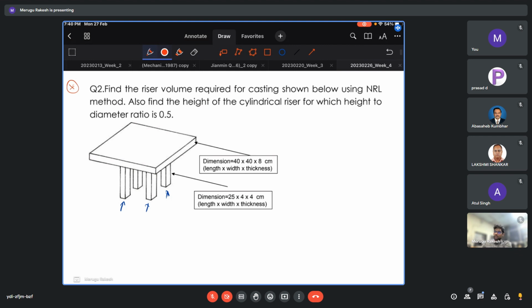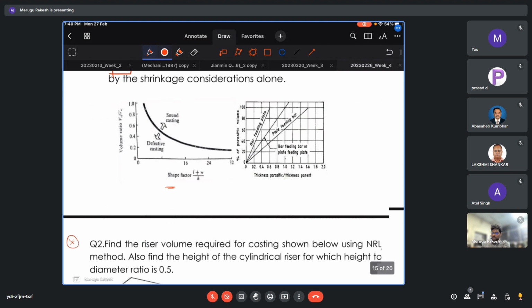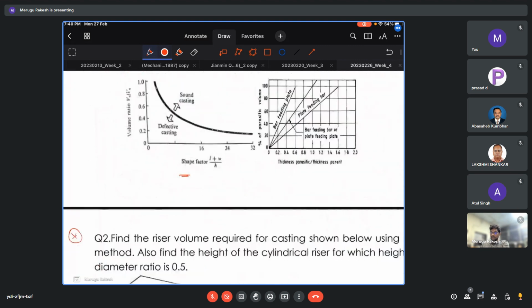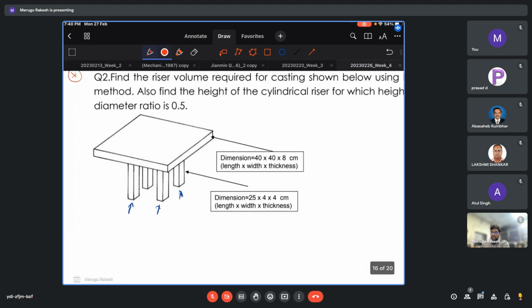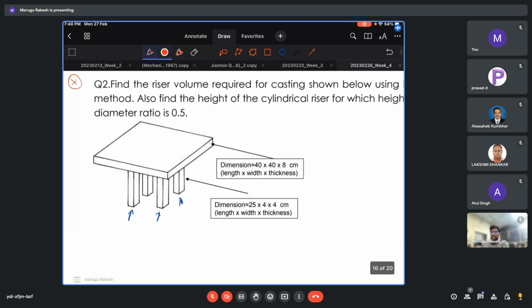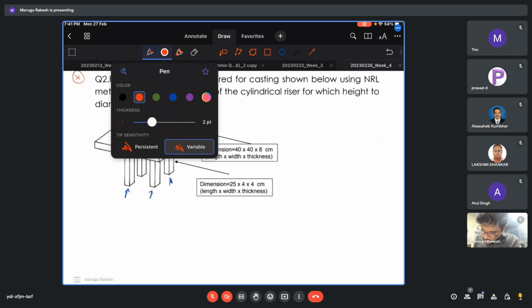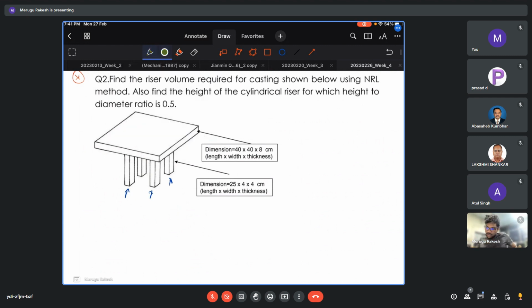So for this you need the diagram. I will tell you, just calculate, then I will tell you. So according to the shape factor, you need to select the volume of the riser by volume of the casting ratio. So let me do it along with you, let me do the first one.